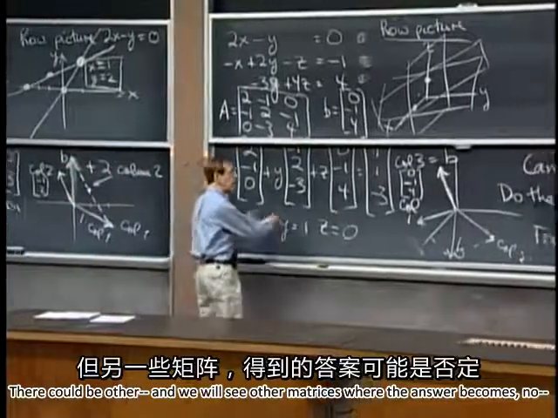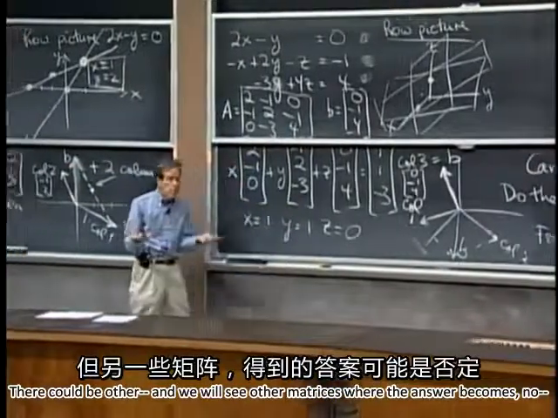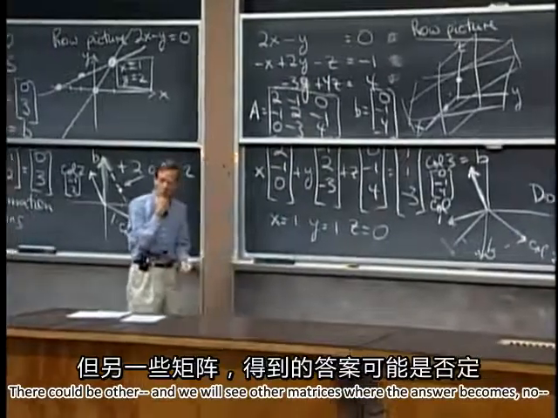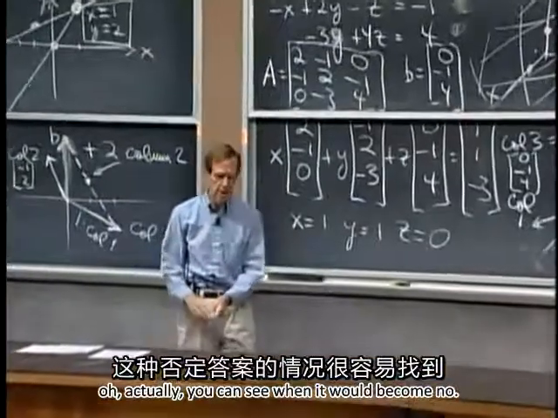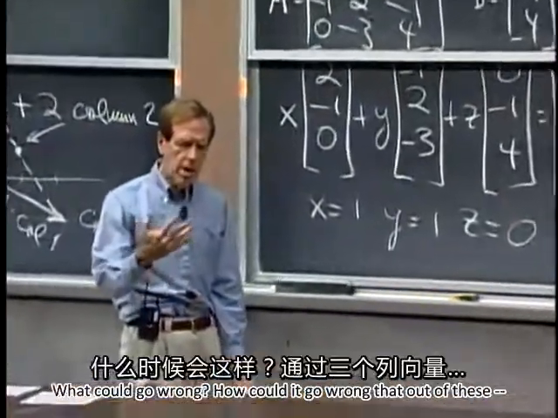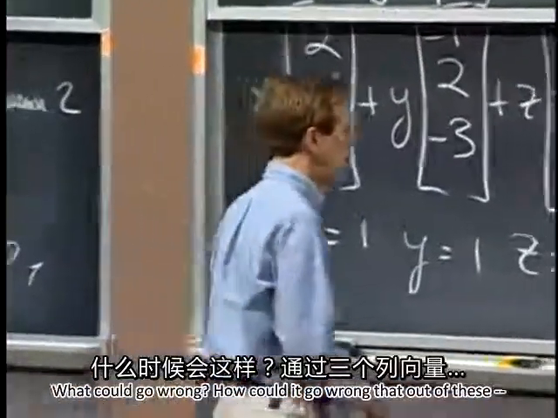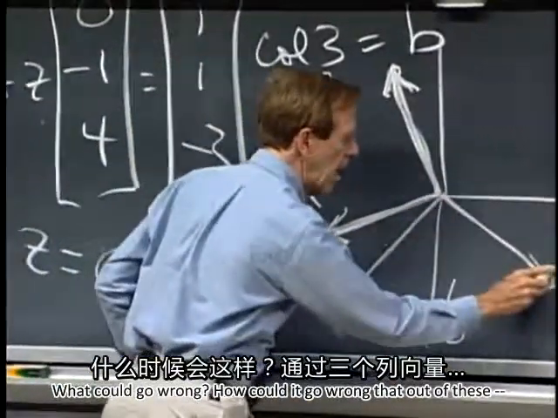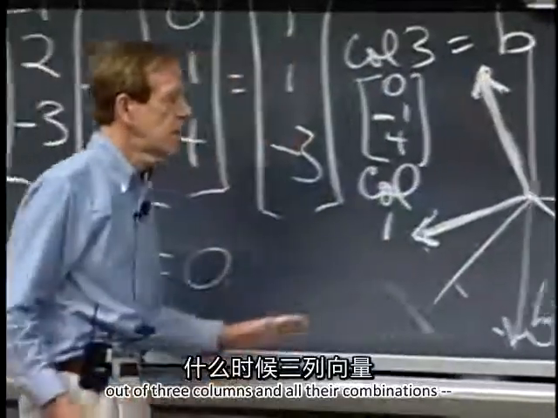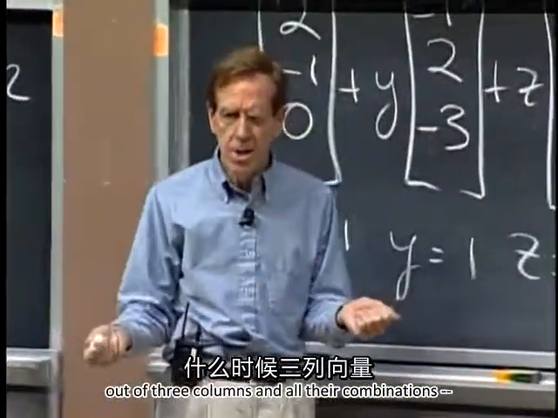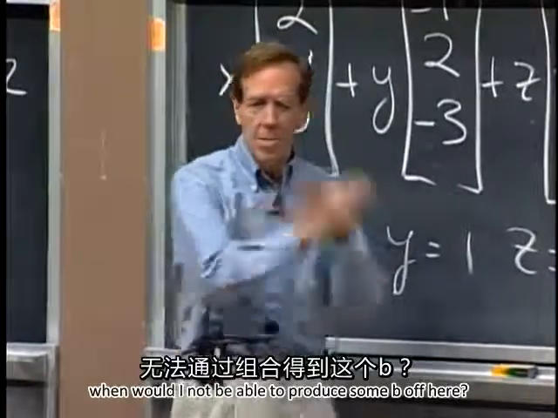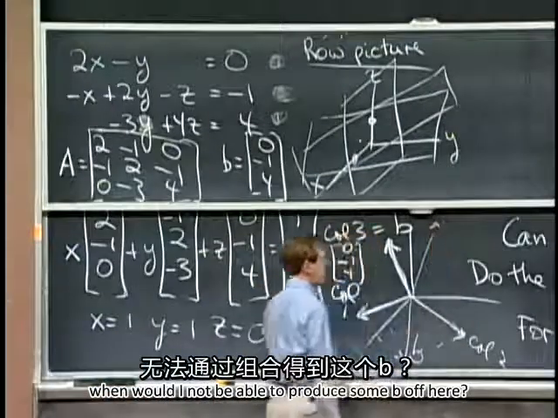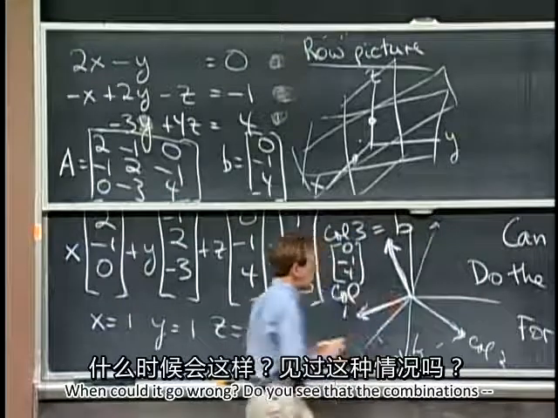There could be other matrices, and we will see them, where the answer becomes no. Oh, actually, you can see when it would become no. What could go wrong? Out of three columns and all their combinations, when would I not be able to produce some B?